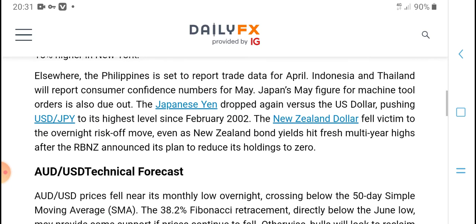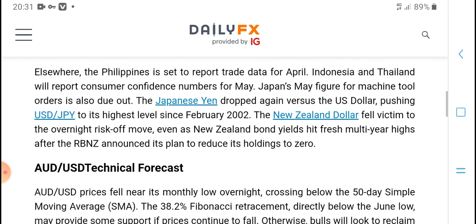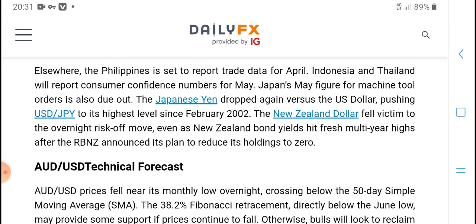The Japanese yen dropped again, investors purchasing USD, with USD/JPY to the highest level since February.